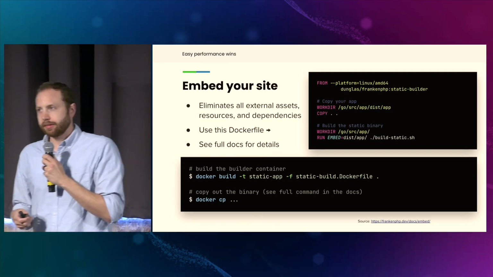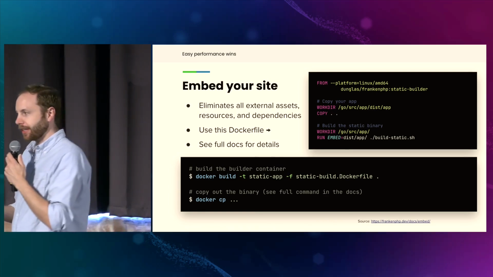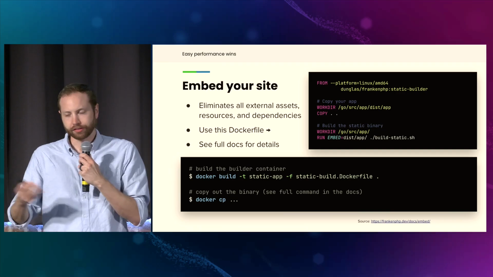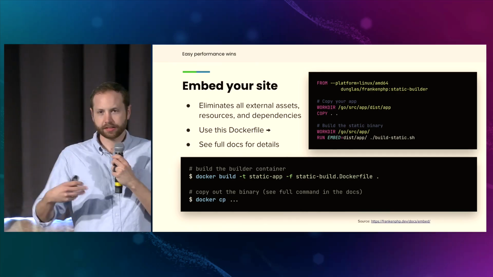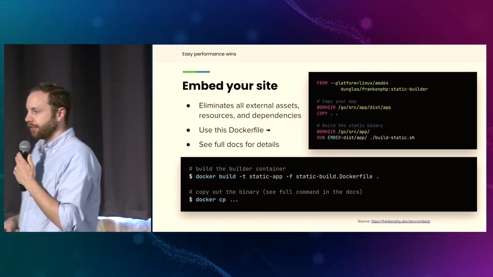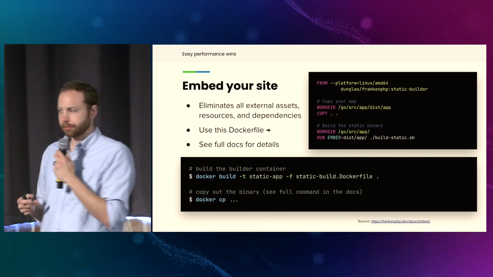So you can obviously run FrankenPHP and a PHP site by just having PHP files and your site in a folder somewhere, and that's fine. But that still is going to have some disk I/O, and you still have to upload the server and the files and everything separately.